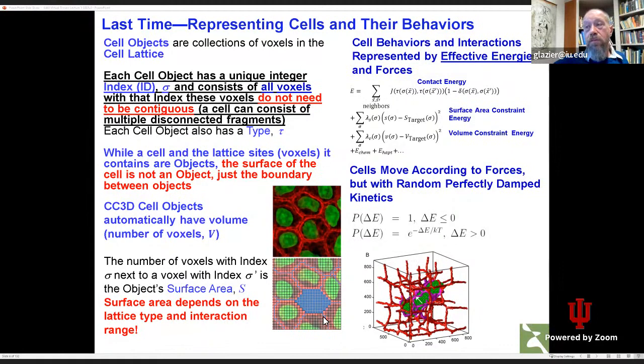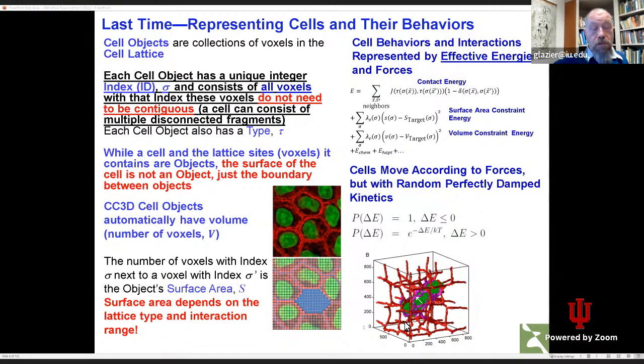And each domain in the lattice that has index number 97 is part of cell 97. That doesn't say anything about whether those pixels or voxels are contiguous to each other, or whether that organization makes sense as a cell.